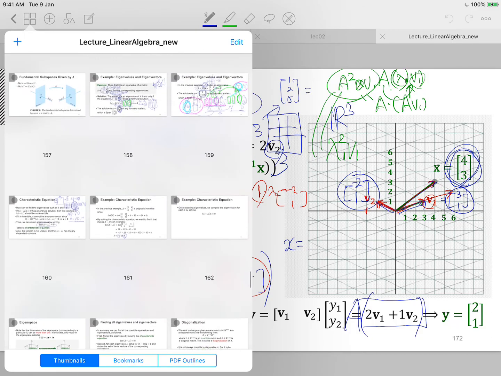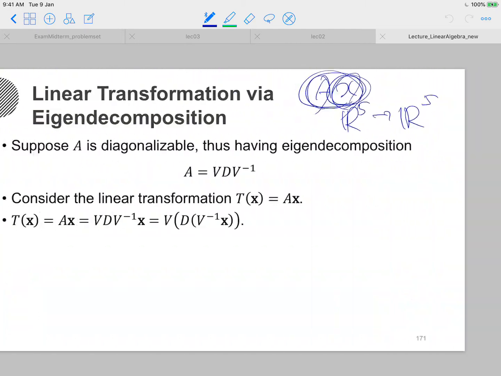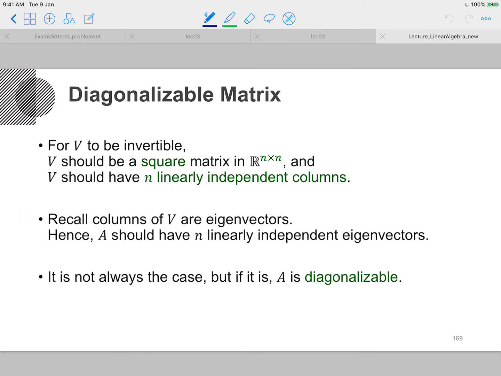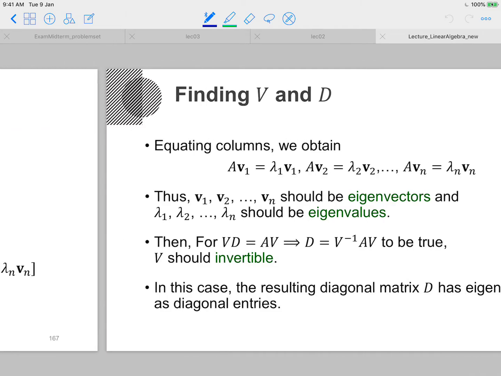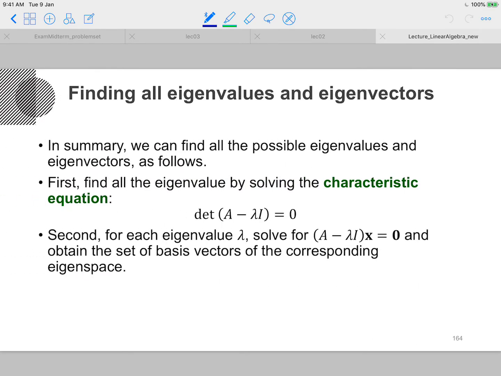We typically set up this characteristic equation and solve it, right? And then we obtain the eigenvalues. Then for each eigenvalue, we compute its eigenvector by solving (A minus lambda I) times x is equal to 0, right?